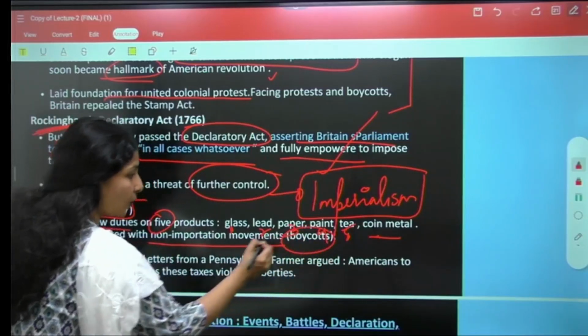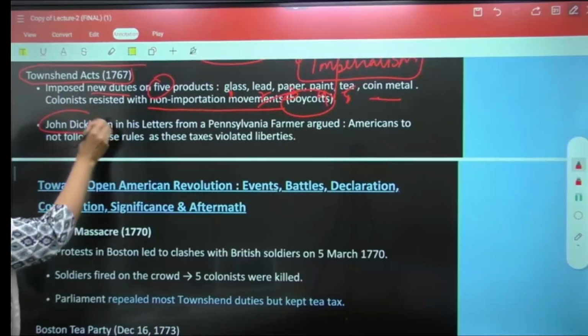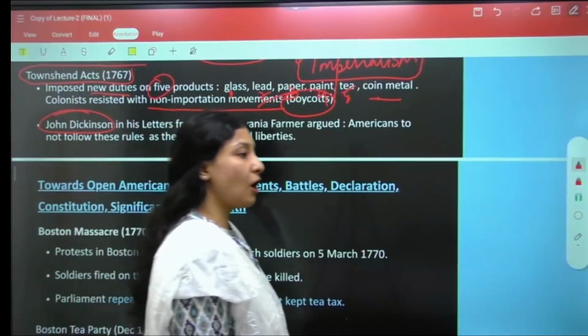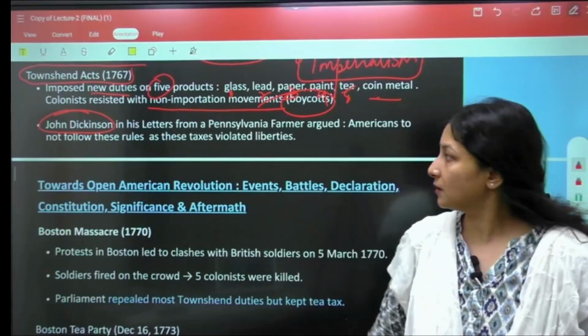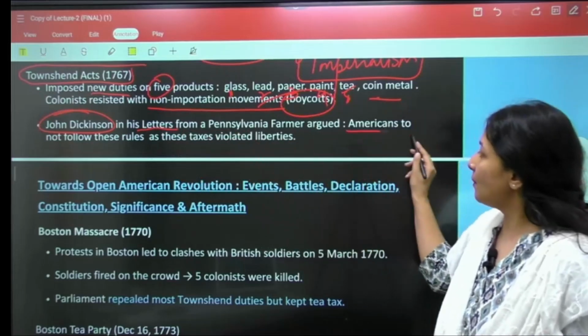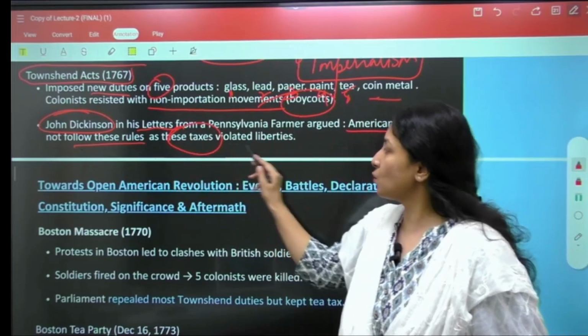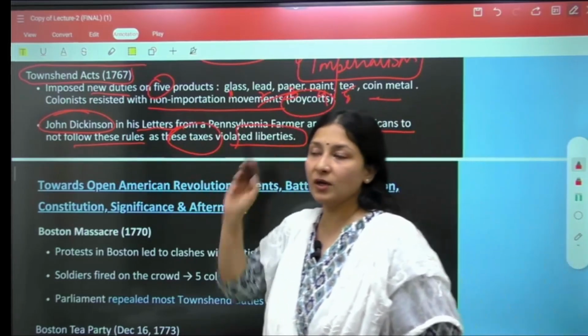That means there was a boycott of all these things. And one of the thinkers, John Dickinson, said in his letters that Americans should not follow these rules as these taxes violated their liberty.